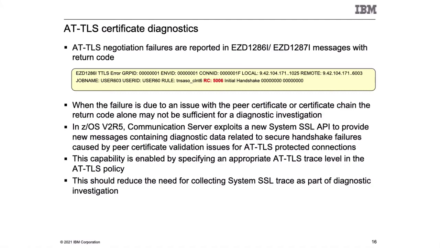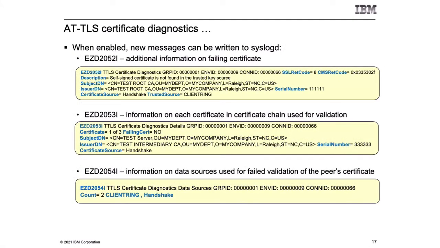So, when enabled, you can get a number of new messages. For example, looking at the EZD-2052I message you see under the first sub-bullet, you see a lot of useful information, including the return code, the Certificate Management Services return code, and a System SSL provided description text string that gives you a little more information.